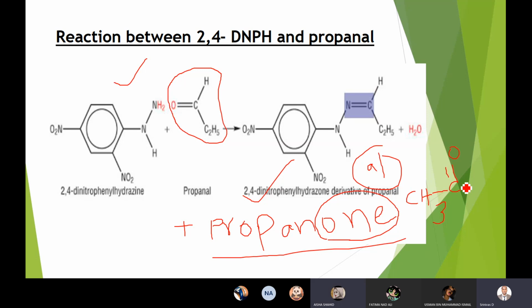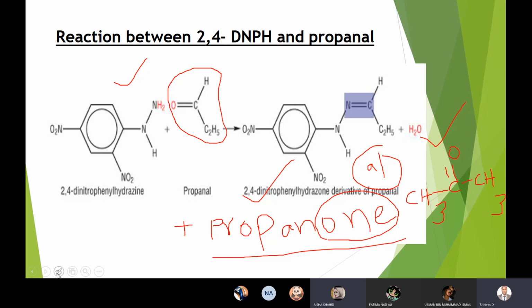Dimethyl ketone we call it, or also propanone. Acetone also, we call this acetone too. This is used as nail polish remover, guys.